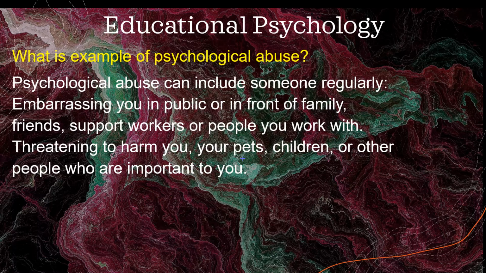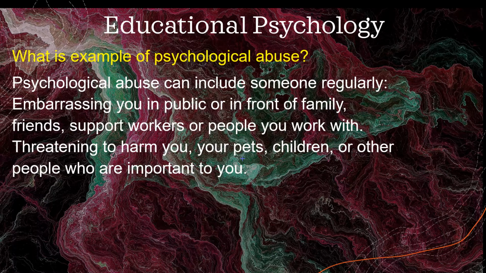Psychological abuse can include someone regularly embarrassing you in public or in front of family, friends, support workers, or people you work with, threatening to harm you, your pets, children, or other people who are important to you. Ayan, yung po example ng psychological abuse.